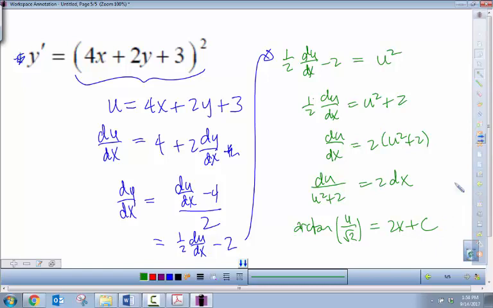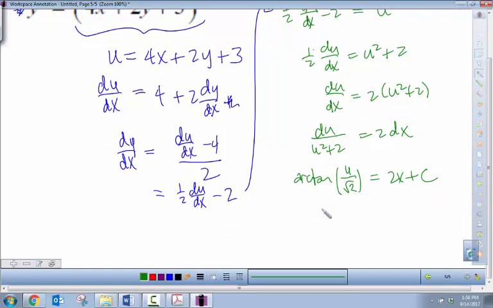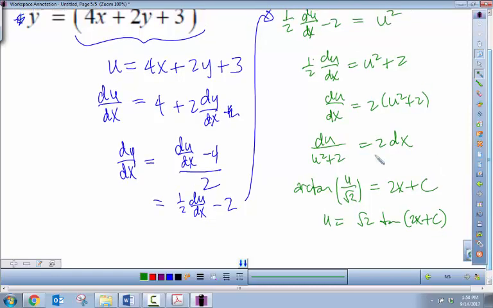And then solve for u, tangent and square root of 2. And then change it back to that. 4x plus 2y plus 3 equals that thing that we have.